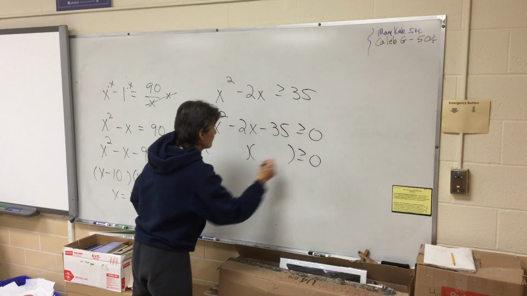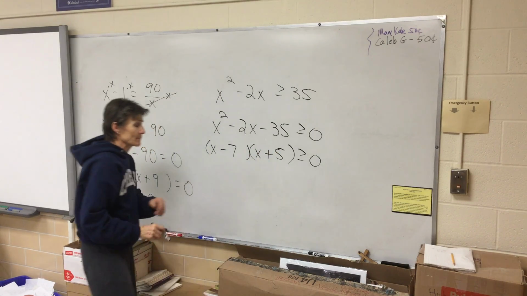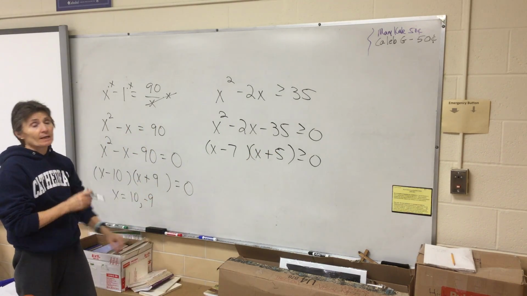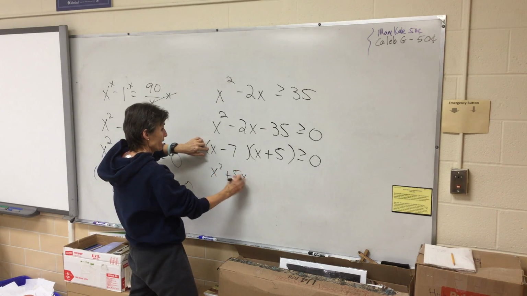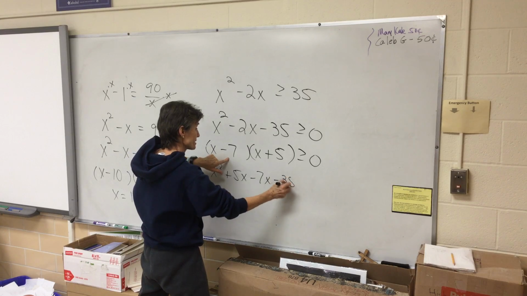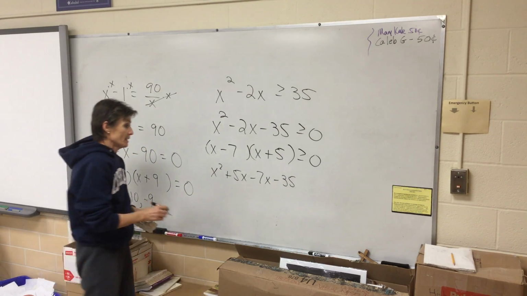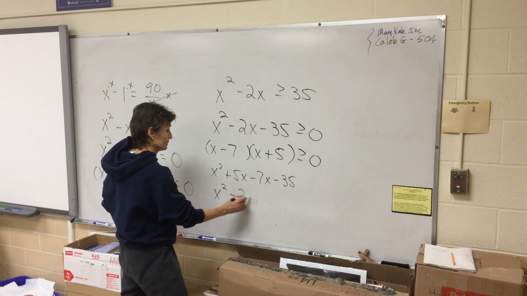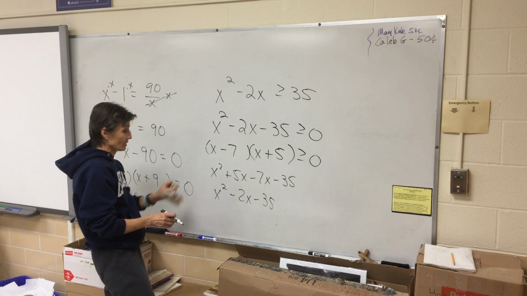So let's see, 35 would be 5 and 7. I'll take a minute and FOIL that out just to make sure. First, outside, inside, last. I'm just double checking. And sure enough, that checks. So that's good.